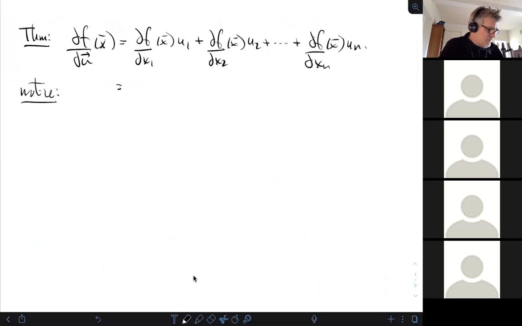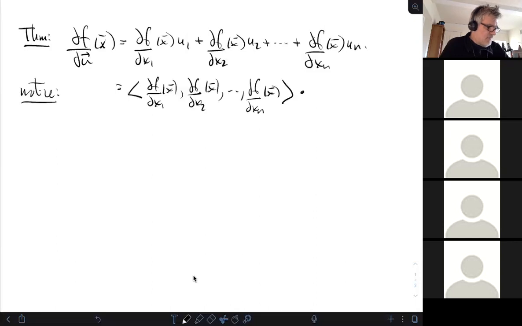I'll take the first vector, which is del f del x1 at x bar, del f del x2 at x bar, right up to del f del xn at x bar, dot u1 through un. And so this is a very, very useful object, which is called the gradient of f at x bar.